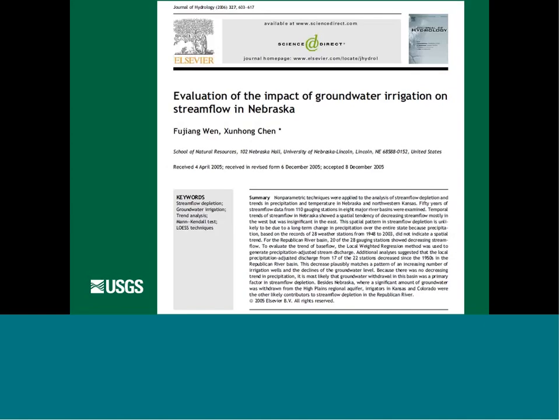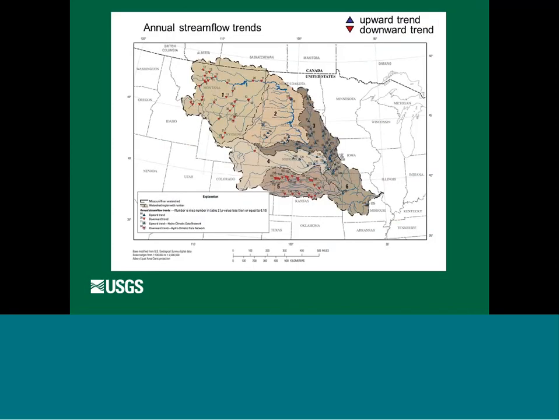I'll mention briefly that that's a result of groundwater pumping and irrigation activities down in this area. There's a paper by Wen and Chen in Journal of Hydrology that talks about that nicely. Then you see a couple of other populations in the region. You see this one of downward trends here, in the upper Missouri River area. And then this area right here has upward trends, and some of these upward trends are really significant. This is an area that is largely glaciated.